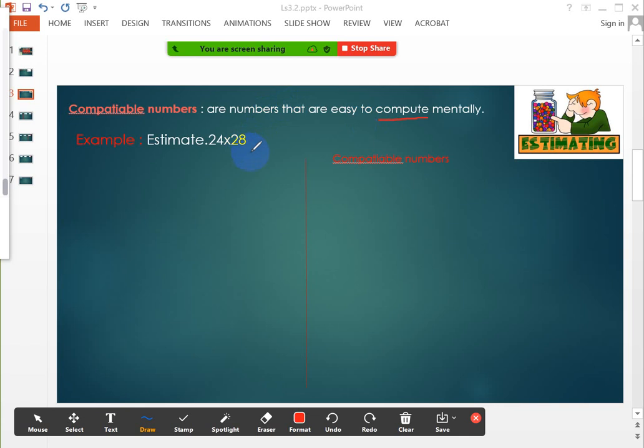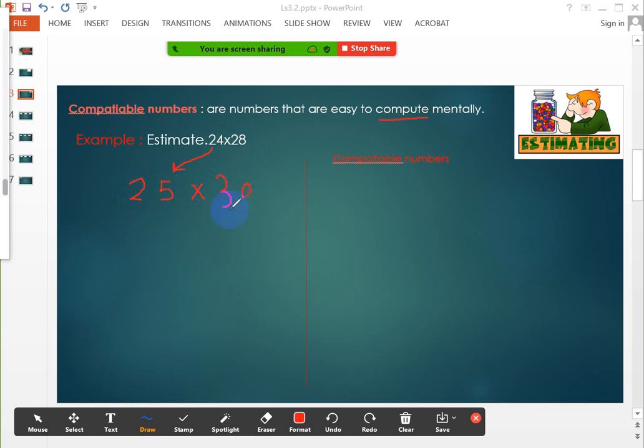So what are the compatible numbers for 24 and 28? The compatible number for 24 will be 25. And 28 becomes 30.